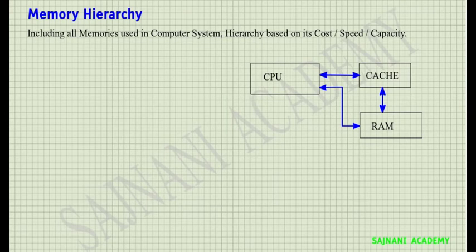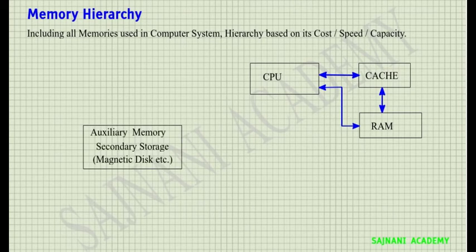So whatever is needed by the CPU, that will be first checked in the cache memory. If not available in the cache, that is called a miss. Then in that case the information is checked in the main RAM. If it is not available in the main RAM, then the information is brought from the secondary storage to the RAM, and from RAM it goes to the CPU.